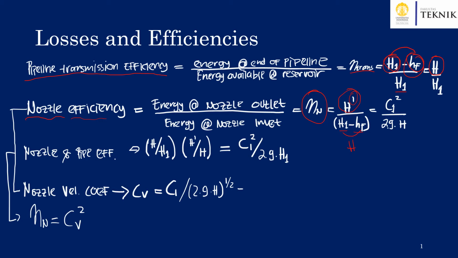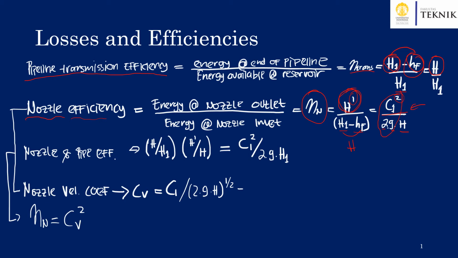And we know that H prime itself is a function of the absolute velocity to the power of 2 divided by 2 times gravity. So the nozzle efficiency can be written as given here: the absolute velocity at the inlet to the power of 2, divided by 2 times gravity times the head available at the nozzle inlet.